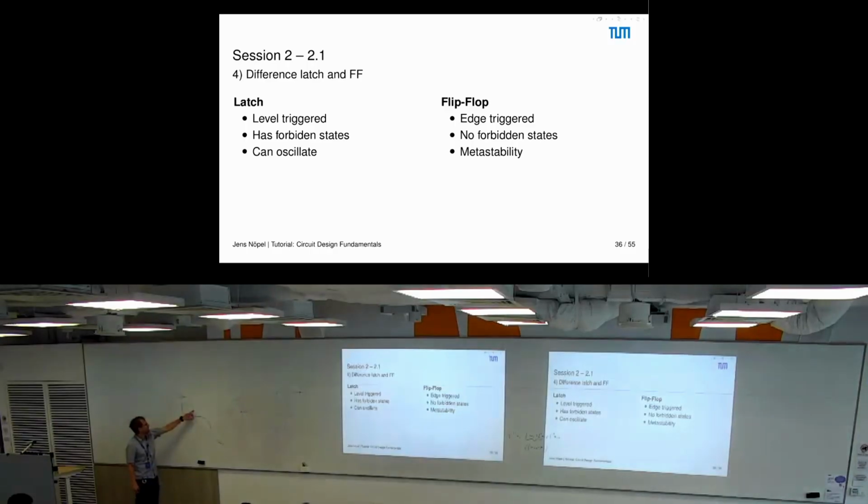A V out from here means that we get a V in that is here. Then we go down here, and we see, okay, now we are in a very good range again and end up here, and so on. So this is very stable again.